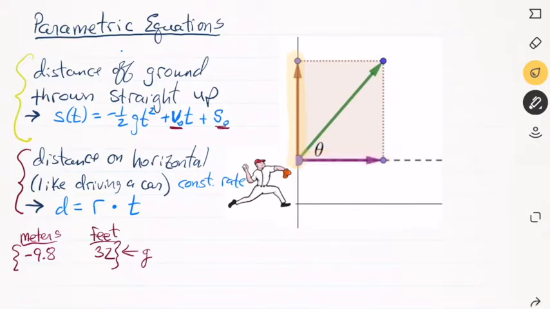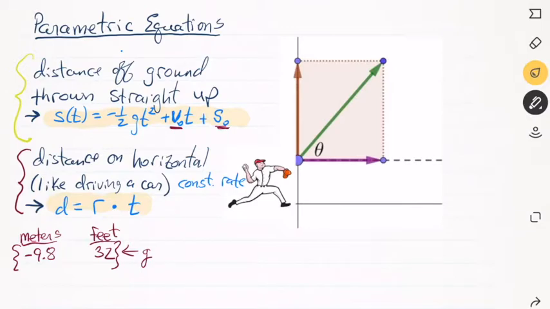So if we can break it apart into those two things, then we can talk about this being the vertical part of it and this being the horizontal part of it. All right. So for the vertical part, if we can find out the initial velocity, this v sub 0, of the baseball based on his total velocity in an off-angled position, not straight up and down, then we should be able to evaluate both of these formulas.